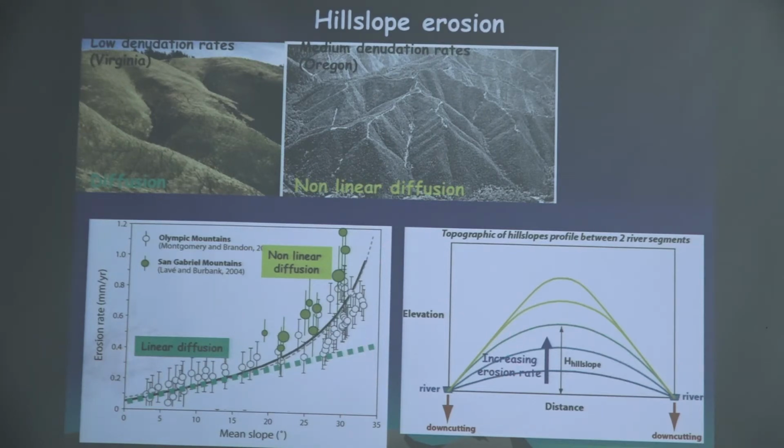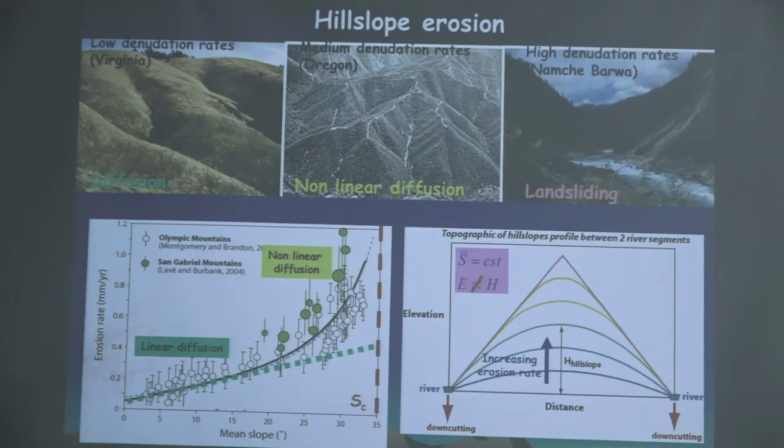And if we keep on increasing the denudation and the erosion rate, the only process that can keep pace with such high erosion rate and high uplift rate will be landsliding. And because landslide is governed by the friction angle in some way of the material, then there is some asymptote or some limited critical angle, and you will see in this kind of diagram between erosion rate and mean slope some saturation effect, and whatever the erosion rate is, you will get a more or less similar slope angle.